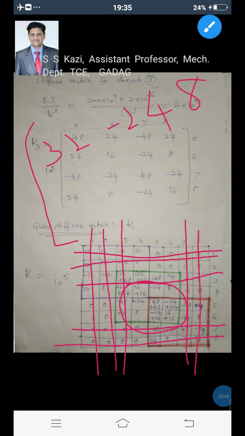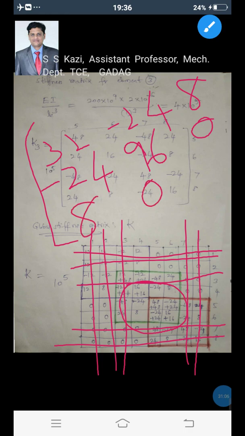Next, second row, minus 24, 48 plus 48, 96. Next minus 24 plus 24, 0. Next come to the third term, third row, 8, 0, 32. Okay, 10 raised to 5 outside.